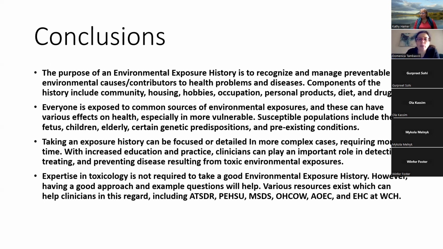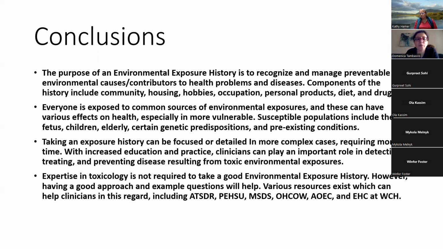Taking an environmental exposure history can be focused or detailed, especially if you have more complex cases, and this may require more time. With increased education and practice, clinicians can play an important role in detecting, treating, and preventing disease resulting from toxic environmental exposures. Expertise in toxicology is not required to take a good environmental exposure history.